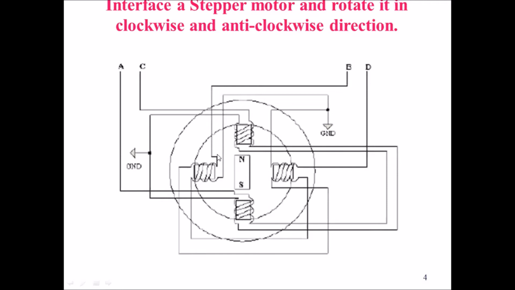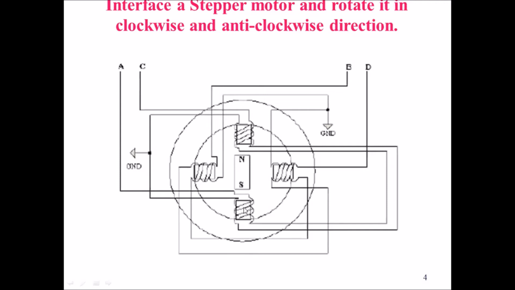Here all these 4 coils are associated to 4 pins. Coil A is associated to port 0 12th pin, coil B is associated to port 0 13th pin, coil C is associated to port 0 14th pin, and coil D is associated to port 0 15th pin.